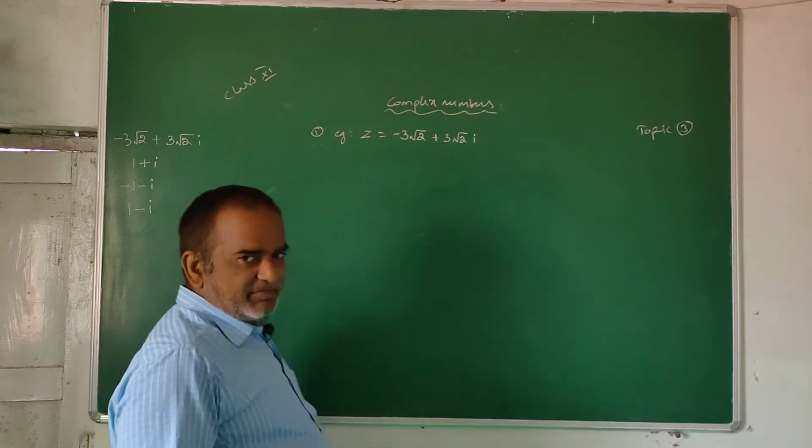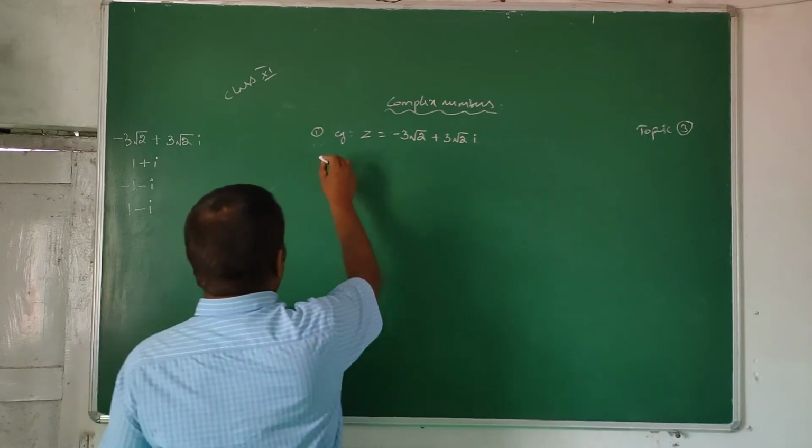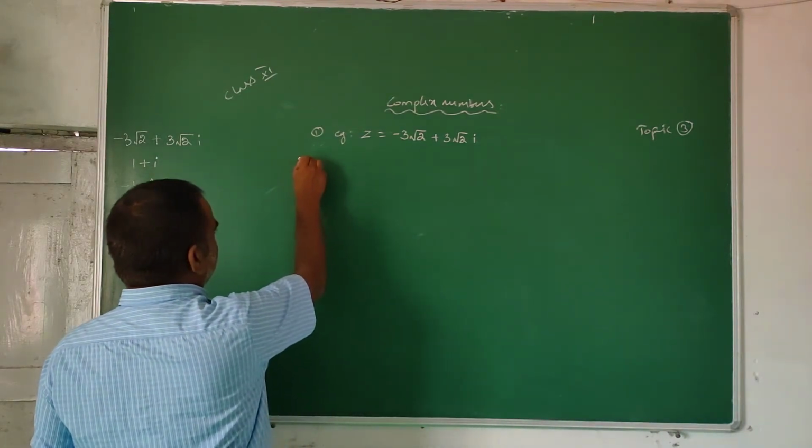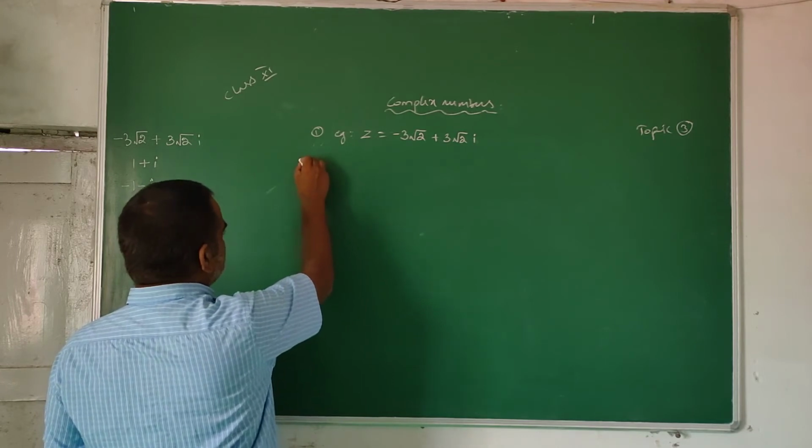This is a complex number whose polar form is required. So whenever polar form is required, immediately you need to find r and theta. So, solution.